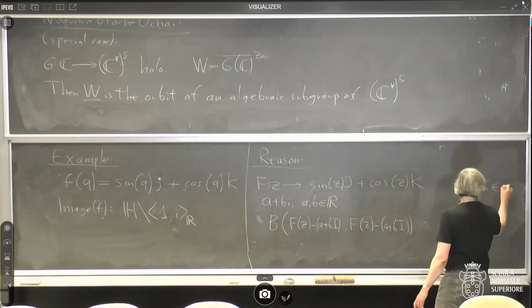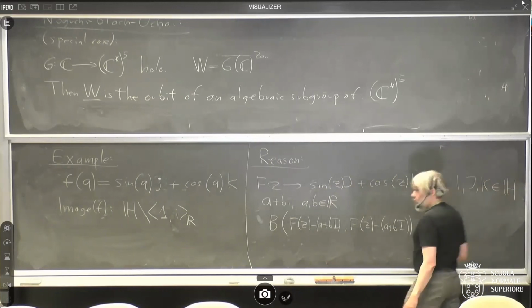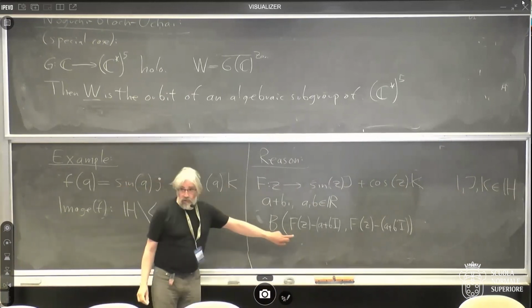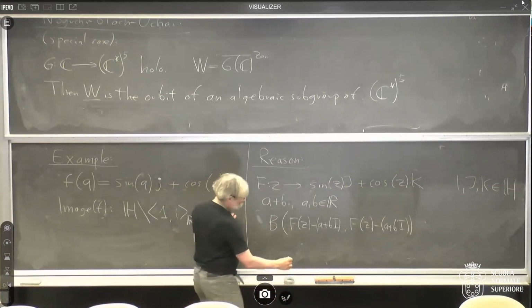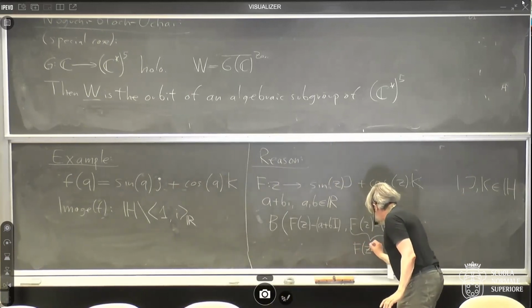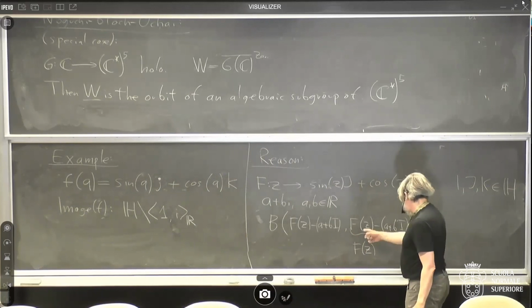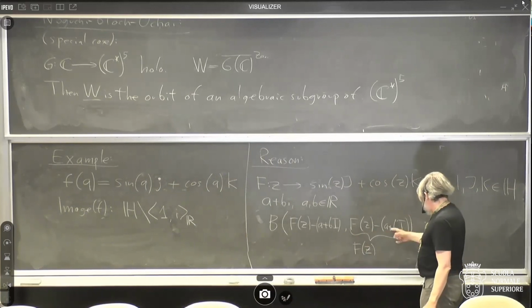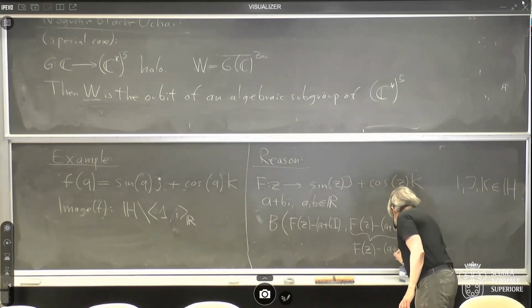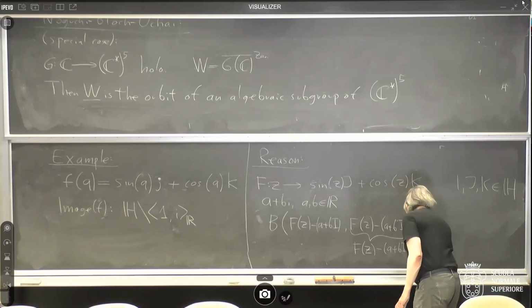These are elements in H, and I consider H and also the complex numbers to be embedded in the tensor product in the obvious way. So this one is actually this. This is in the tensor product already by definition, but this one is just a quaternionic number and is to be understood as a quaternionic number tensorized with the 1 of the complex numbers.